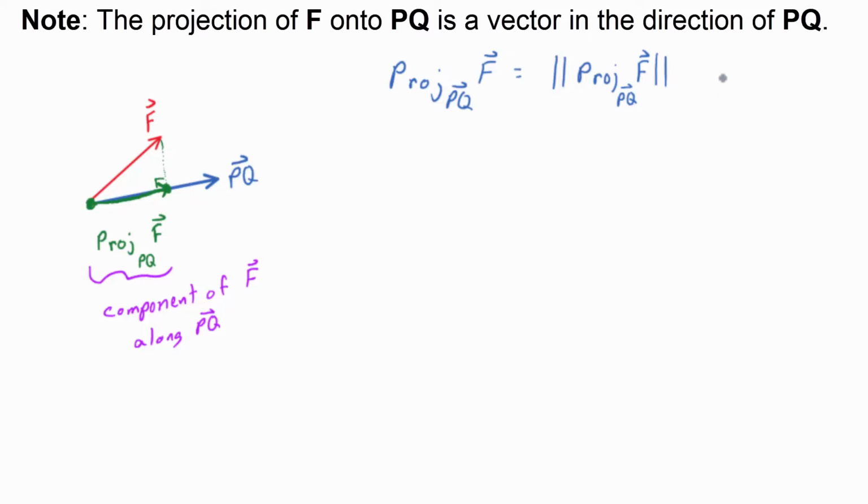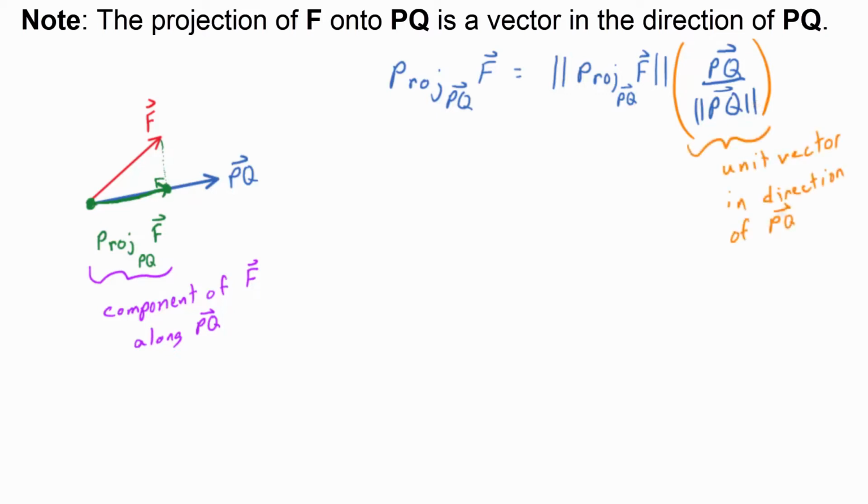So what I'm saying is this. PQ divided by its magnitude, you all know that this guy right here in the orange parentheses is a unit vector in the direction of PQ. This guy out here is the magnitude, the length, of the projection of F onto PQ.